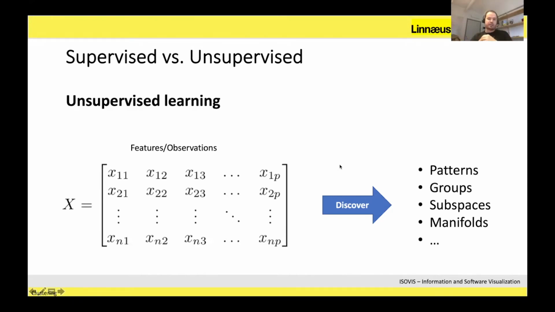So this is usually the most common one, the one that we're going to deal with today. But that's not the only thing you want to find out. You want to find out other things like subspaces or manifolds, and these are a little bit more complex, but it's also about finding these structures. In a way, you could think of them as structures, even though when we think of structures, we think of 3-dimensional space. But mathematically speaking, you can define structures in a way that doesn't matter if you're in 3D or 4D or 100D or whatever.